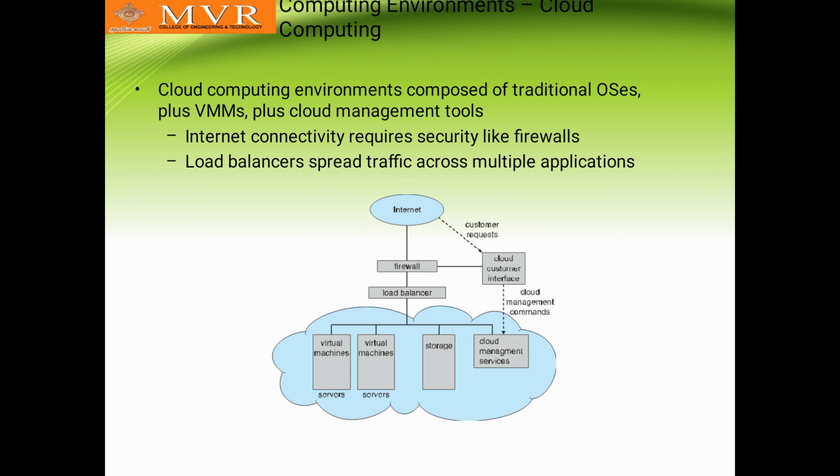There are the servers in the cloud: virtual machine 1, virtual machine 2, storage and cloud management services. Those are load balancers and firewalls. Using the internet, the customer request is sent to the cloud customer interface. Then it is transmitted to the firewalls. If it is a cloud management command, it is sent to the cloud management services. Then the response is provided using the internet.